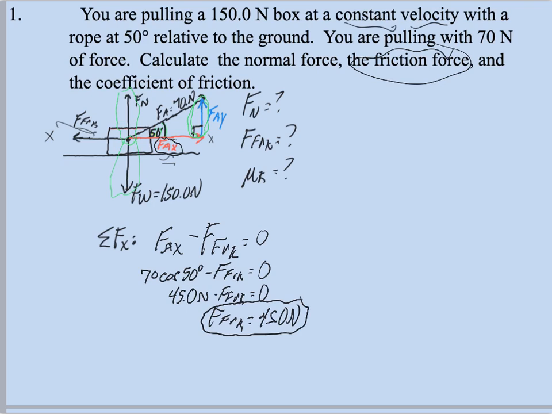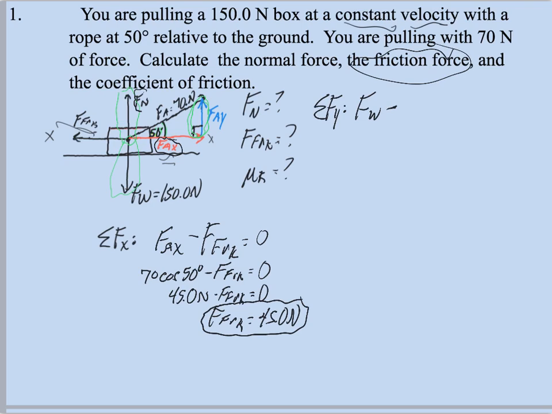So let's sum the forces along the y. And what do we have pulling down? Looks like we have FW. Is that the only thing pointing down? It is. So I'm going to subtract from that. Well, I'm going to subtract two things.